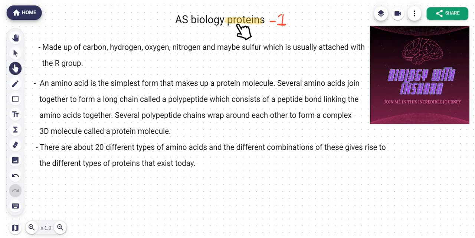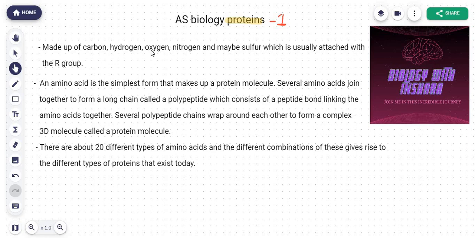Okay, so proteins. This is just basically your O levels or GCSEs, nothing new. One of the main important things to understand is that proteins are made up of carbon, hydrogen, and oxygen, the 3 common elements that are also found in your carbohydrates and lipids.